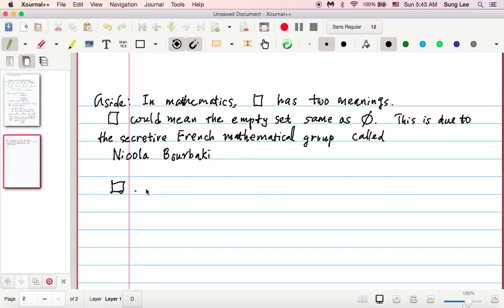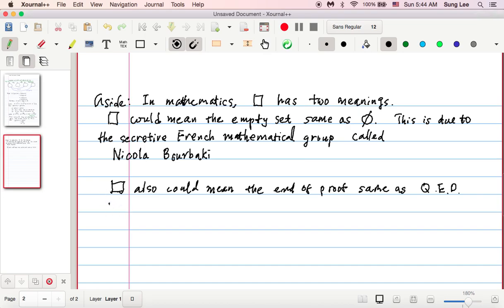Also this empty square could mean the end of proof, same as, maybe this might be more familiar to you, QED, where I prefer to use this, as it is shorter.